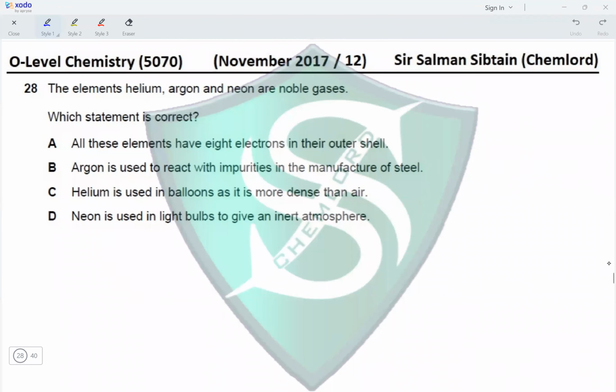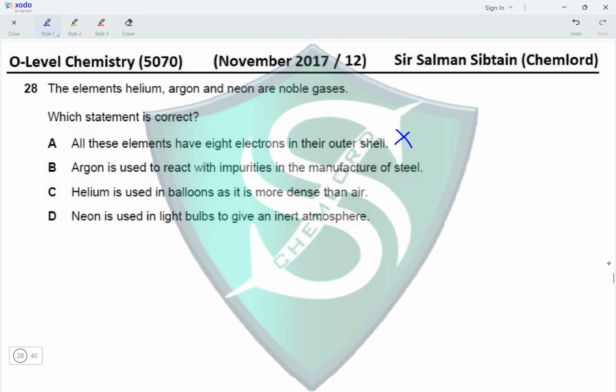Question 28. The elements helium, argon, and neon are noble gases. Which statement is correct? All these elements have 8 electrons in their outer shell. Argon and neon do have 8 electrons in their outer shell. Helium only has one shell present, so it will have 2 electrons in its outermost shell. So this statement is incorrect. Argon is used to react with impurities in the manufacture of steel.